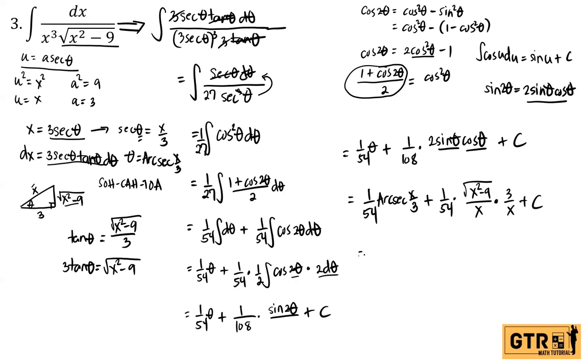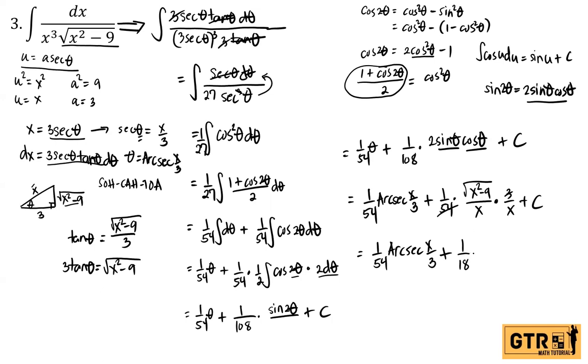So simplify, final answer will be 1 over 54 arc secant x over 3 plus we have 3, 54 divided by 3. So that is divisible. 54 divided by 3 is equal to 18. So this will be only 1 over 18. And then we have square root of x squared minus 9.